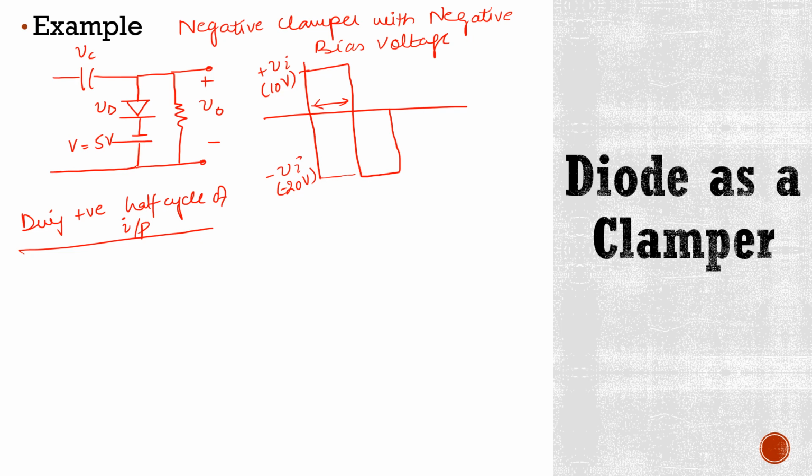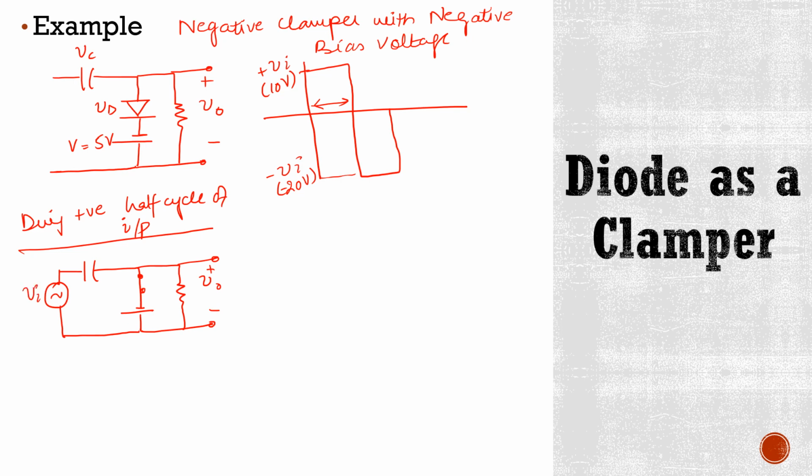Now this circuit will look like this. Here this diode is short. Here you have V0 plus minus. Now we are talking about positive half cycle.